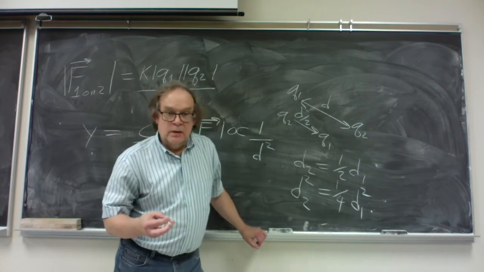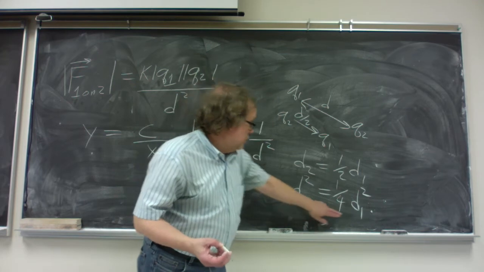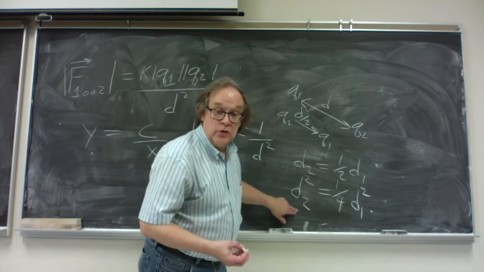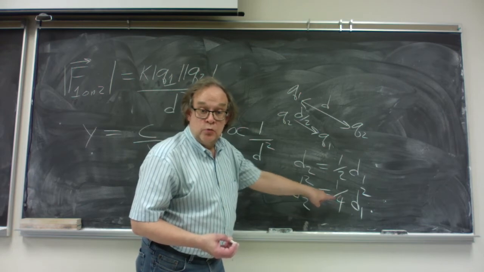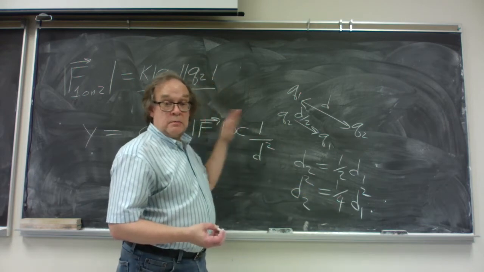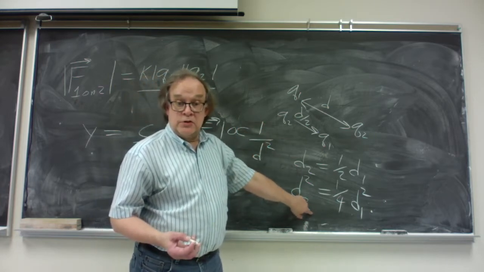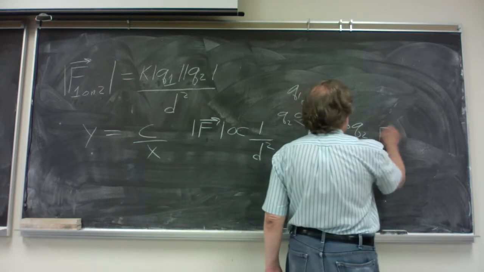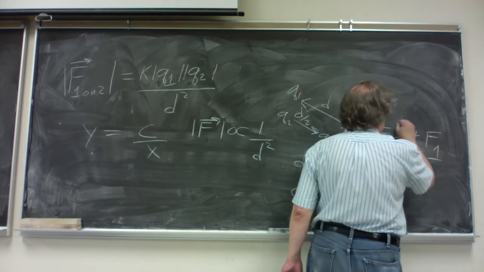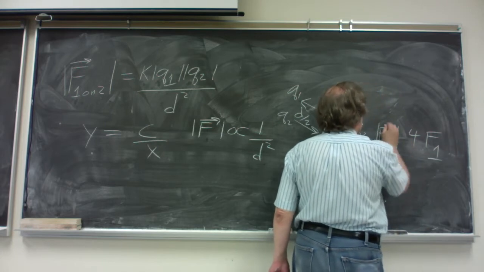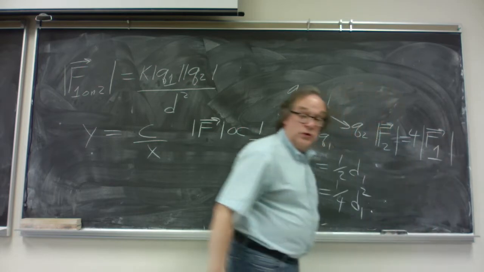So the variable called d squared, when you go from the old value of d squared to the new value of d squared, changes by a factor of 1/4, which means force, being inversely proportional to d squared, changes by the inverse of this factor. The new force is 4 times the old force, or the magnitude of the new force is 4 times the magnitude of the old force.